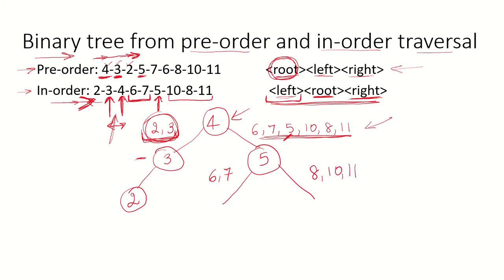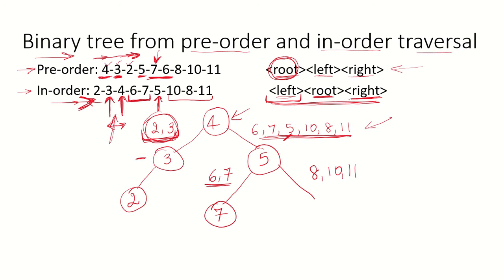Once we have reached here, again we need to check whether 6 or 7 is the root node of the left subtree of 5. We can check this from the pre-order, because the root element comes first. We see that 7 is coming before 6, so 7 is the root node.